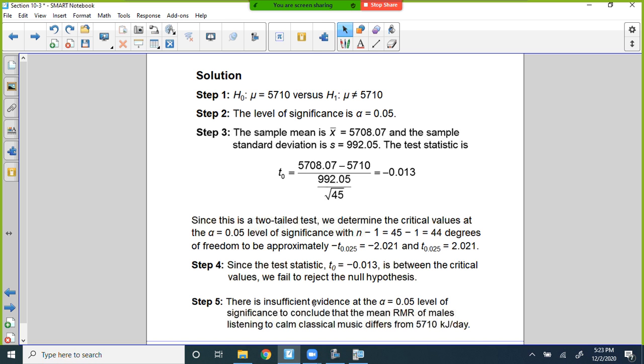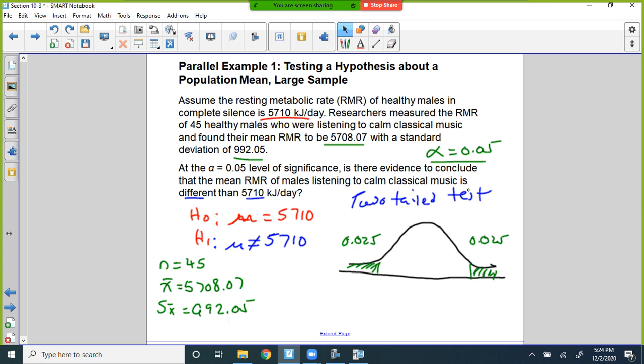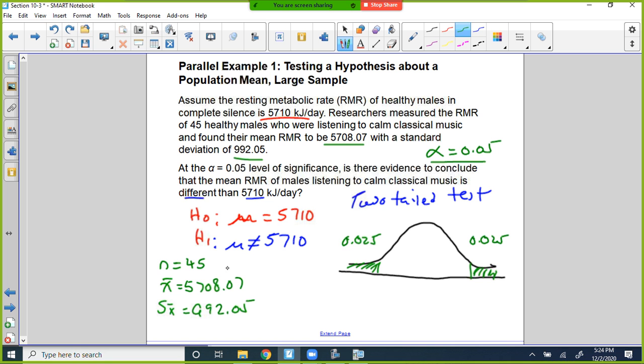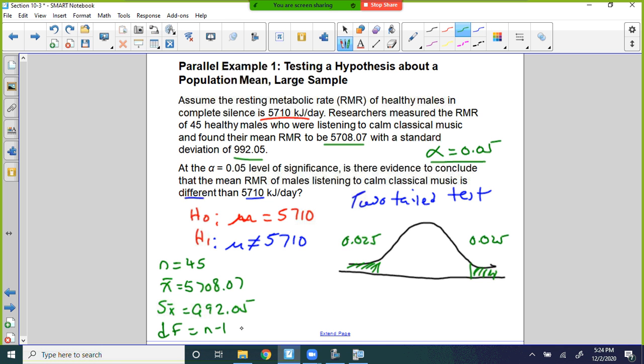Nope. Oh, yeah, they did. Duh. Degrees of freedom is n minus 1, which is 45 minus 1, which is 44. Okay.